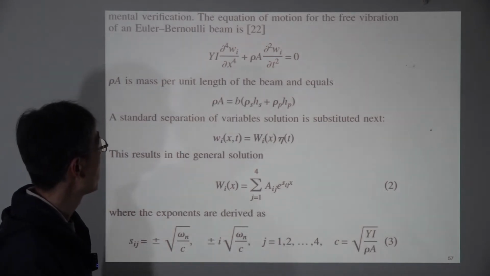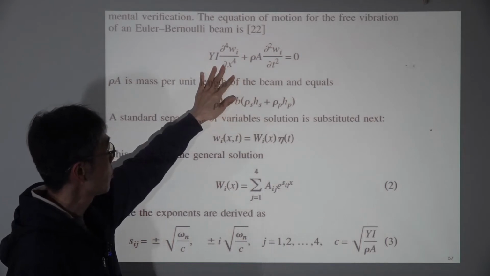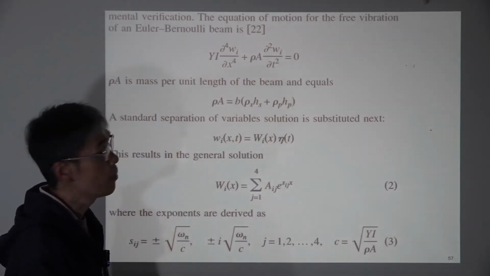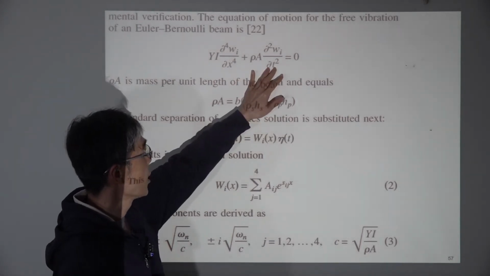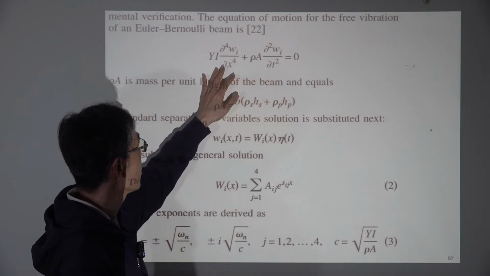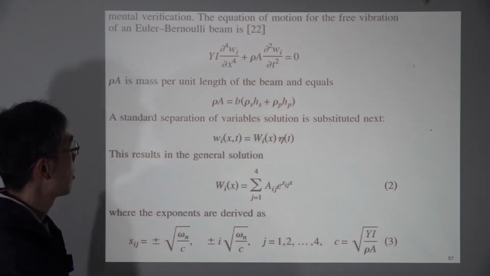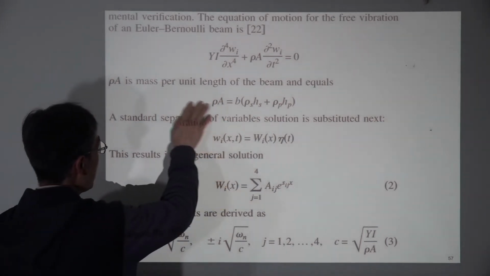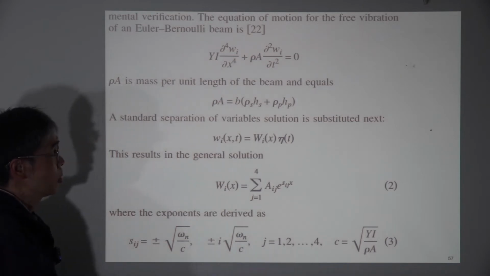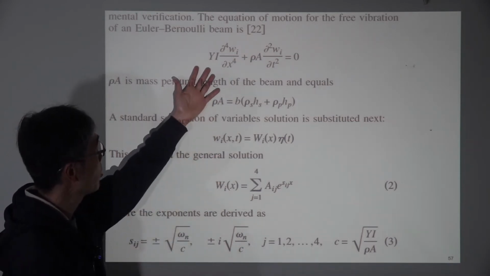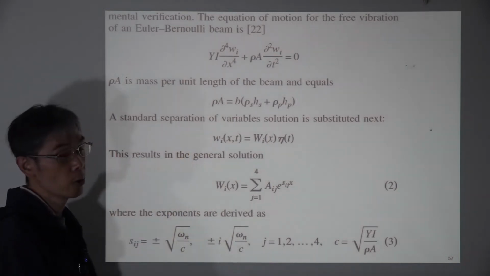And this one is the equation of motion. This one is for static motion and this one for dynamic motion. You could think of this one as the mass acceleration term and this one as the strain energy term. So rho A is the mass per unit length of the beam. And in order to solve this equation of motion, we could use separation of variables.